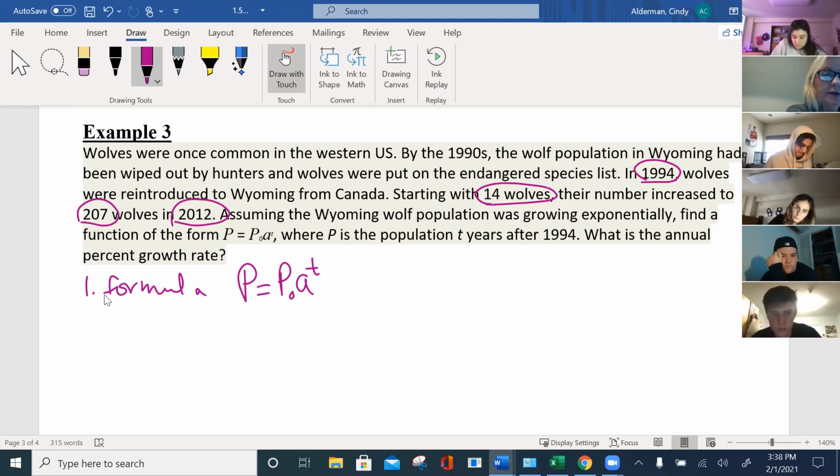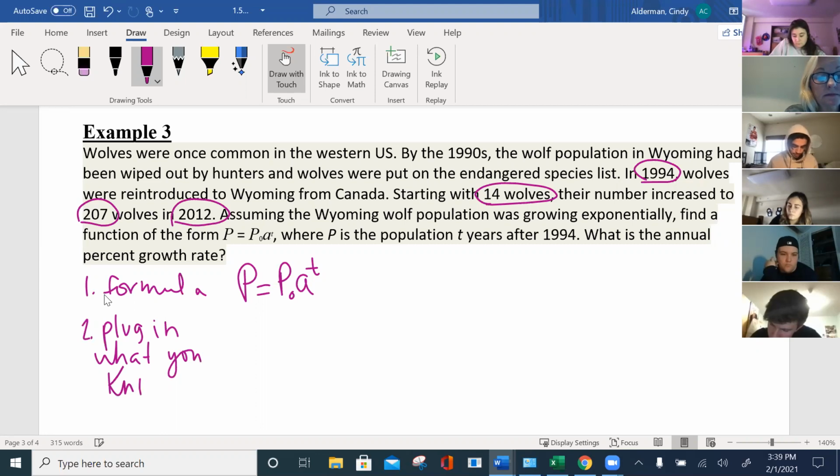Then you're going to plug in what you know. So we know the initial population and we know the resulting population. The P is what the resulting population is, right? So what would that be? What number could we put in for that P?